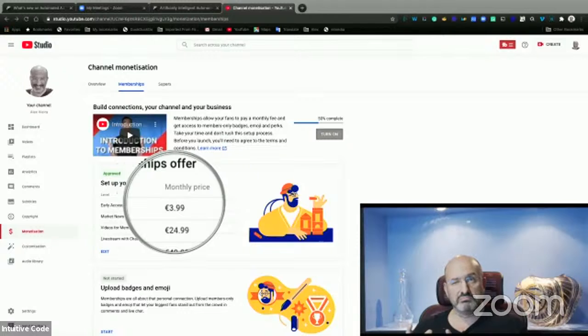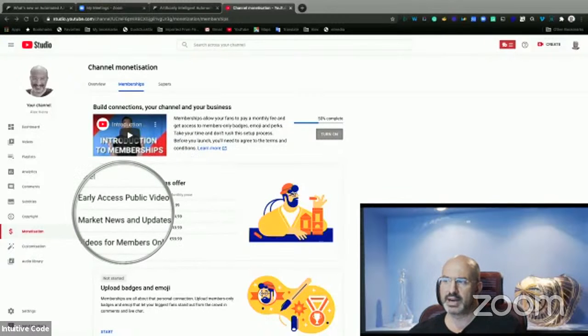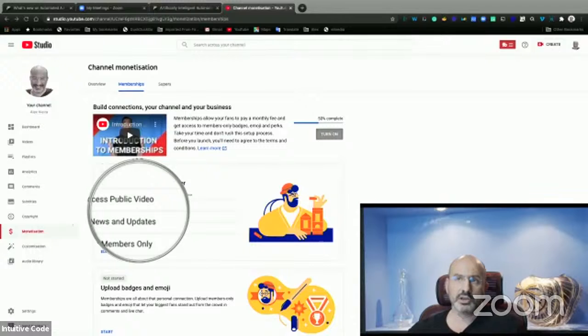They call it, I believe, community, where we can post news, screenshots, whatever information, and this is precisely included in the market news and updates, okay? So it can be, for example, a link to an article on the blog of major importance, for example, a stock that is moving today, or a hot stock on the long side or short side.